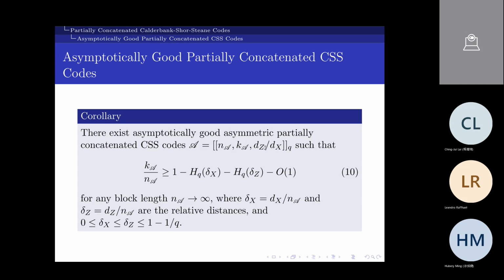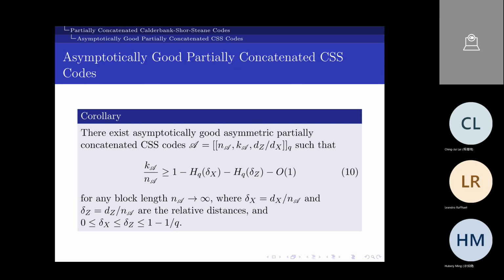Because in some constructions of quantum codes that can achieve the quantum GV bound, many of those results cannot obtain asymmetric quantum codes that can achieve the quantum GV bound for asymmetric codes.